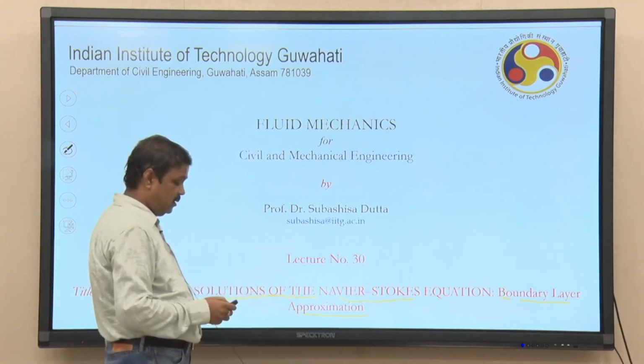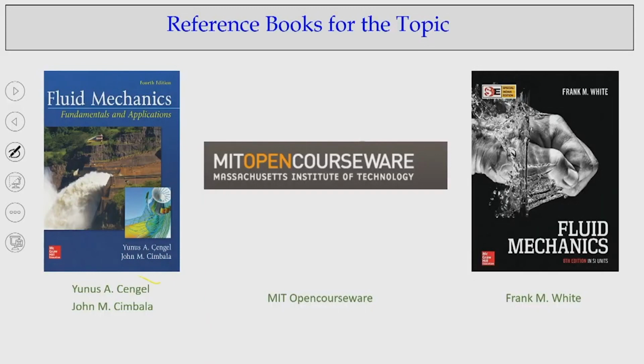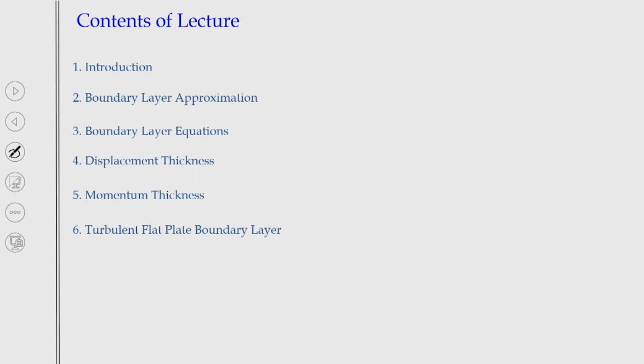Here we are mostly following Zimbala's book as well as F. M. White for this part of the lectures. We will talk about how we derive the boundary layer equations and also the boundary layer approximations.